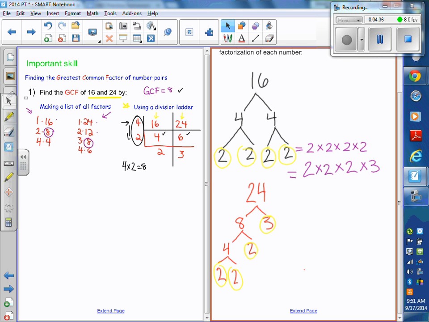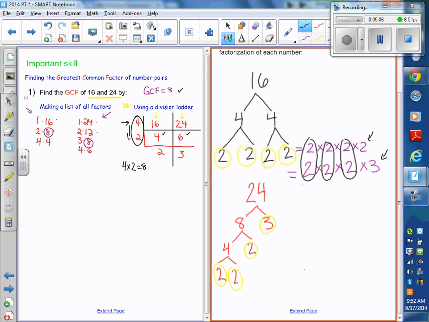So every time you have a common pair, circle the group until you run out of common pairs. So as you see, there's 3 common sets of 2. But this doesn't have a pair, and that doesn't have a pair, so they are not common factors.